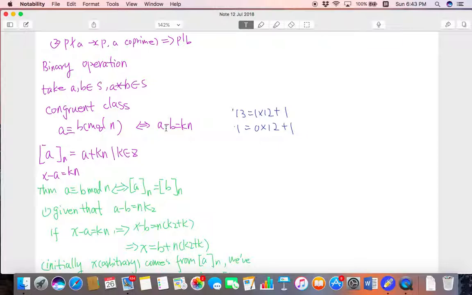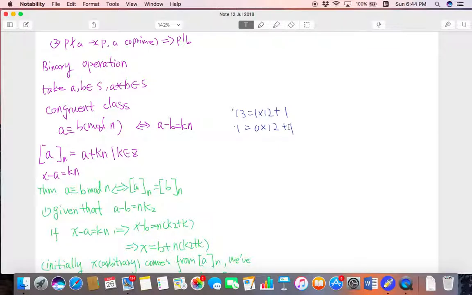The relative position of the long hand and the short hand on the clock is exactly the same at these two times, 1 o'clock and 13 o'clock. That is because when these two numbers are divided by 12, the remainder is the same. They both have 1 as a remainder.